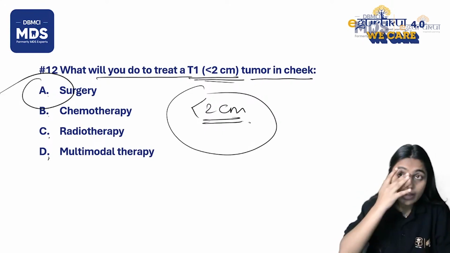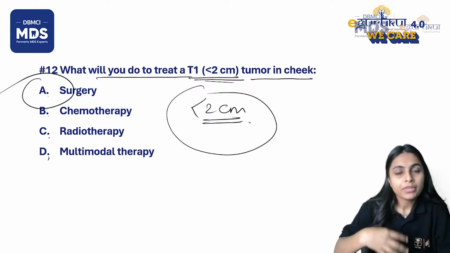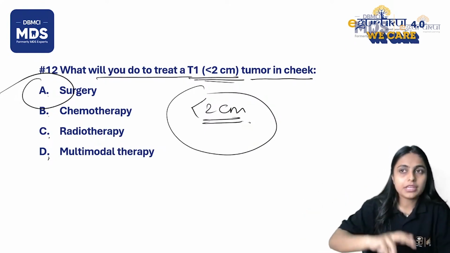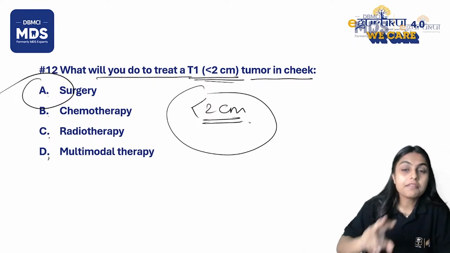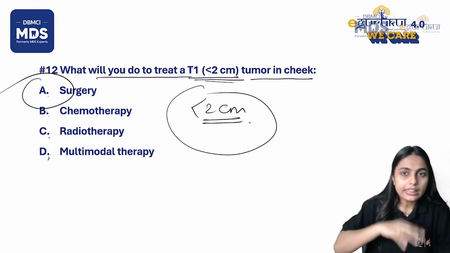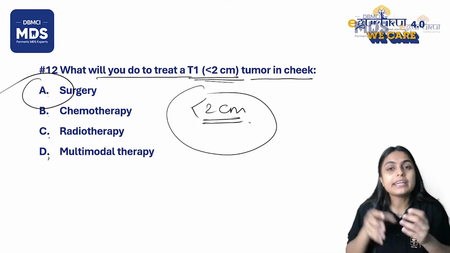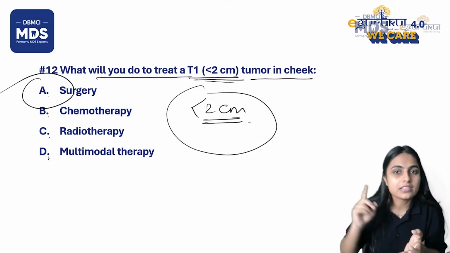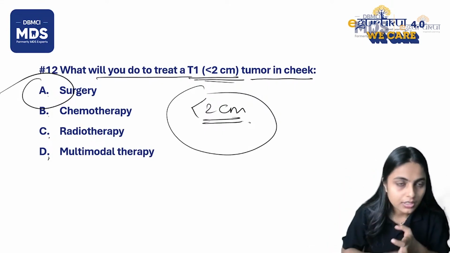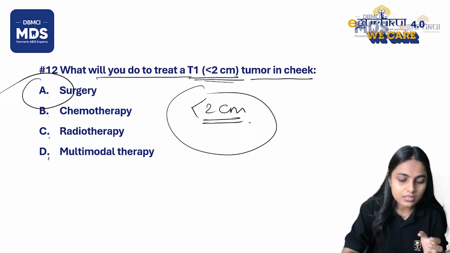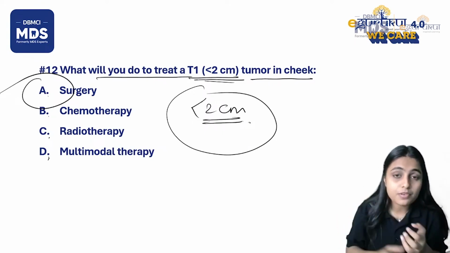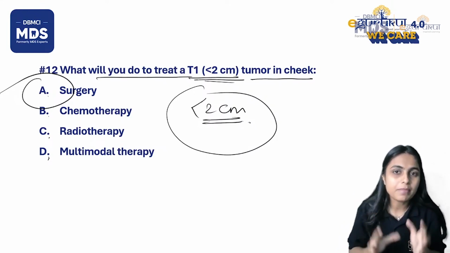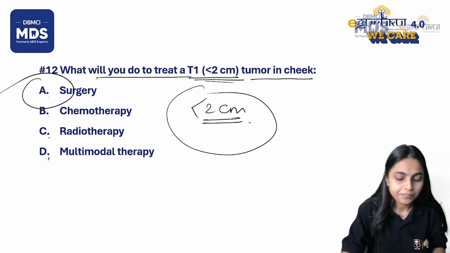If they had given, say, a tumor of this size having a metastasis or lymph node involvement, then our answer would have been multimodal therapy. That patient would then require chemotherapy as well as radiotherapy as well as surgery. So according to the stage, the lymph node involvement and metastasis, we deliver a treatment plan to a patient.